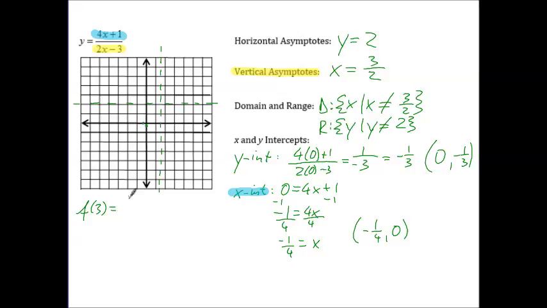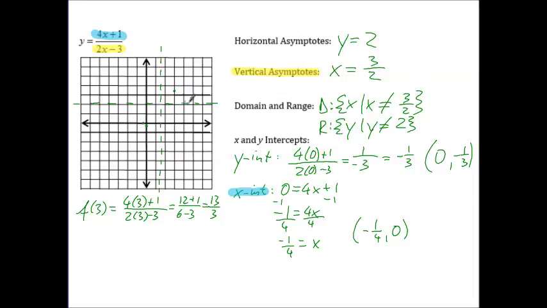f of positive 3 is equal to 4 times 3 plus 1 over 2 times 3 minus 3. In other words, 12 plus 1 over 6 minus 3, which is nothing else than 13 thirds. 13 thirds is a little more than positive 4. So at positive 3, we have a y coordinate of 13 thirds, a little above 4.